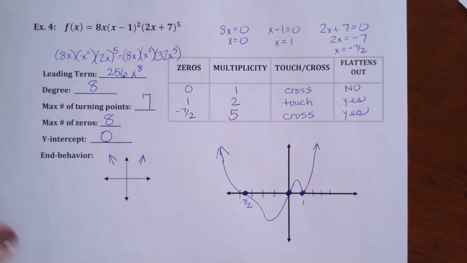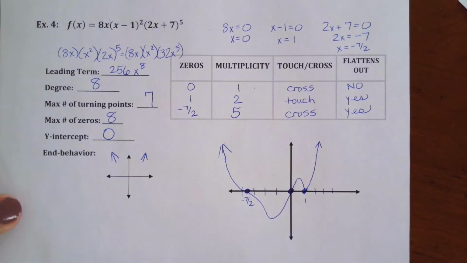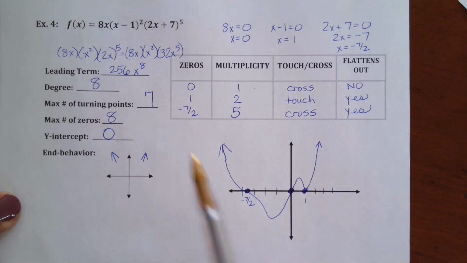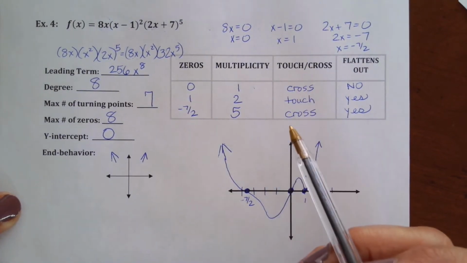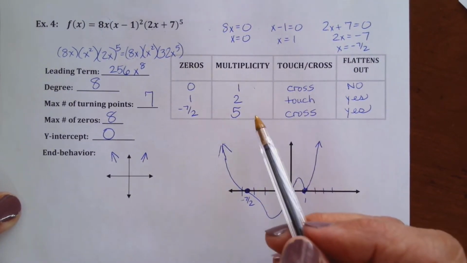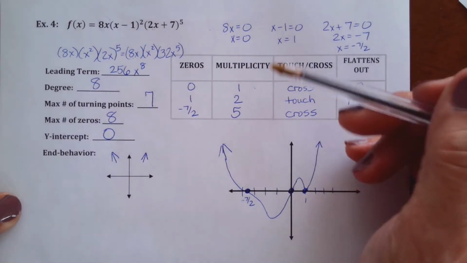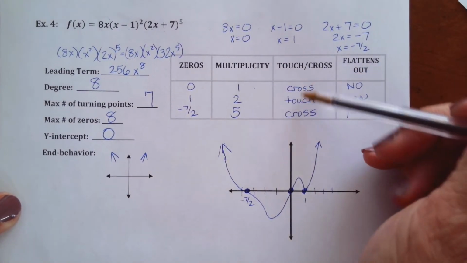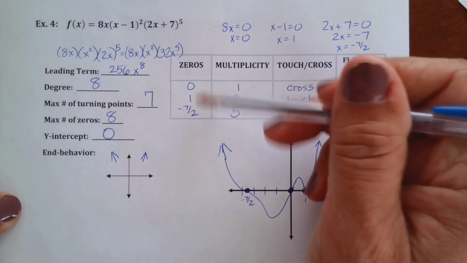All right. Now, I want to mention a couple of questions in Hawks. In Hawks, you're going to be asked these kinds of things, but then you're also going to be asked a question like how many zeros cross the x-axis. Like in this question, how many of these zeros cross? You would say 2. Okay, 2 of the 3 cross.